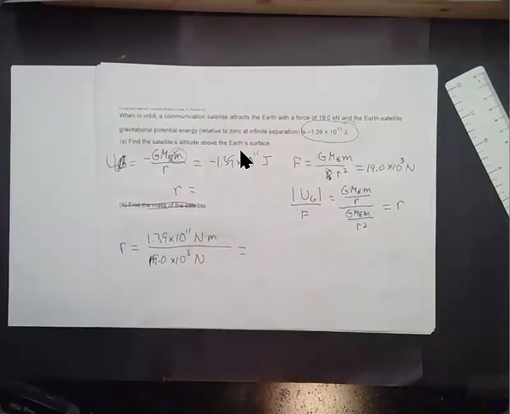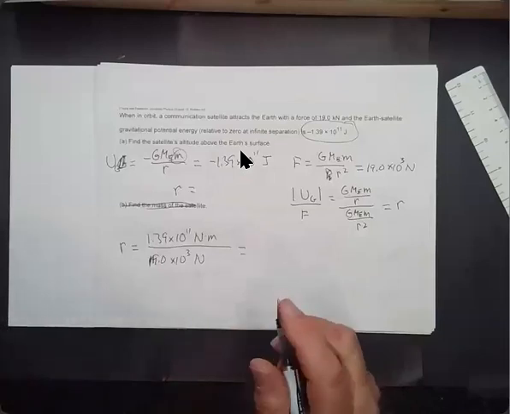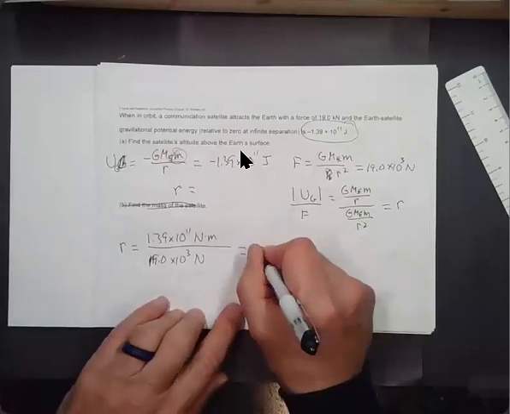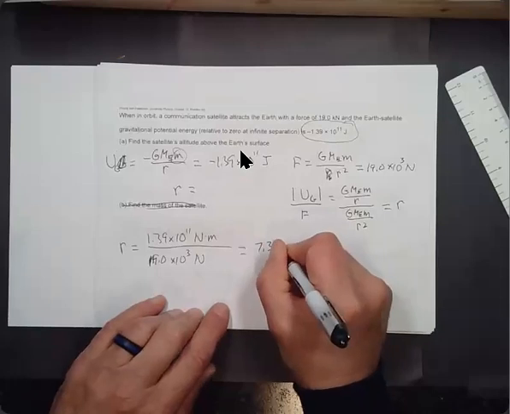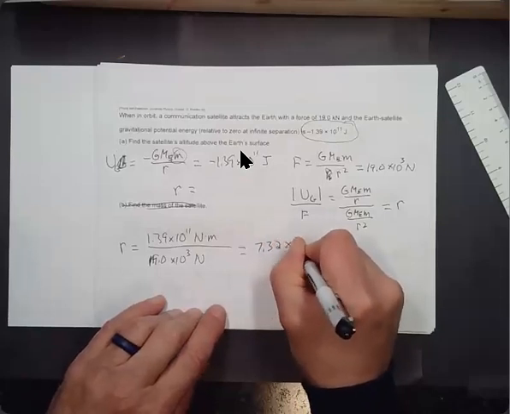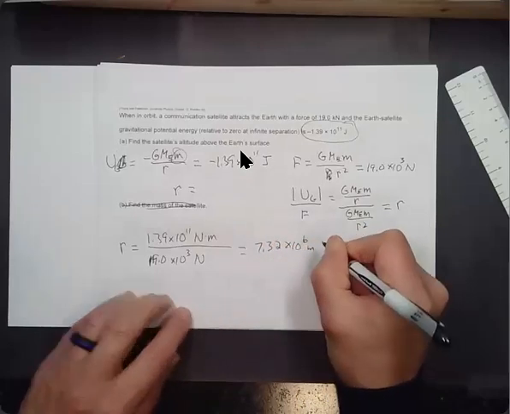And we can find out what it is here. And I get 7.32 times 10 to the 6th meters.